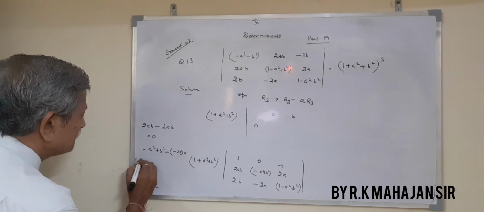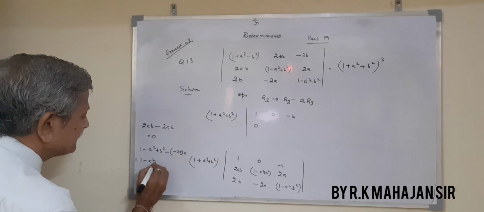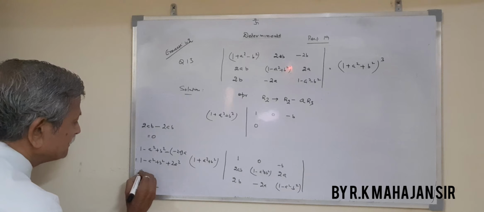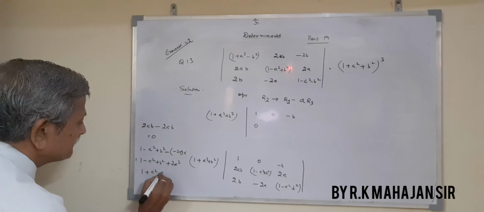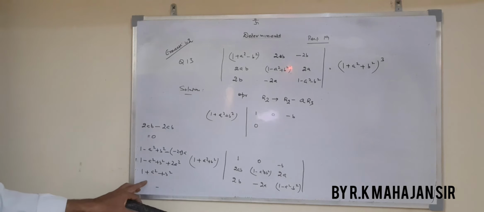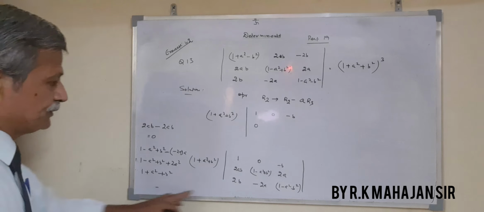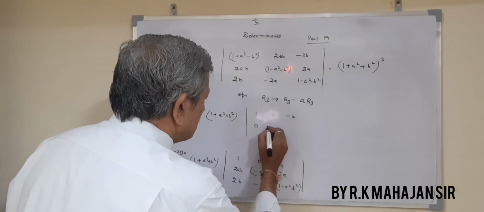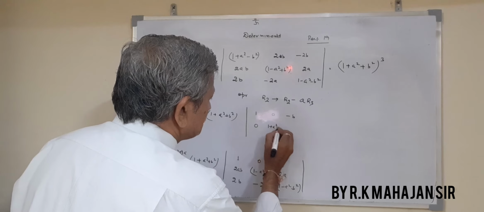So your value becomes 1 minus a square plus b square plus 2a square. So this gives you 1 plus a square plus b square. Now in this case you would find 1 plus a square plus b square. So here you are left with 1 plus a square plus b square, because you operated on the R1 row.